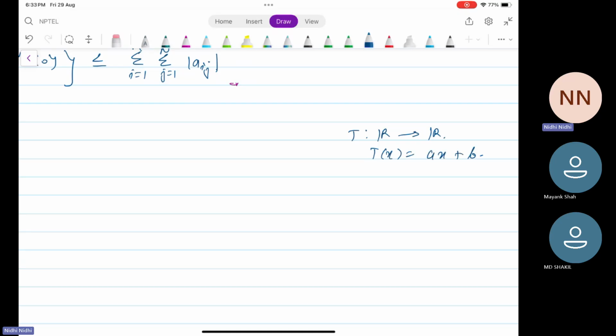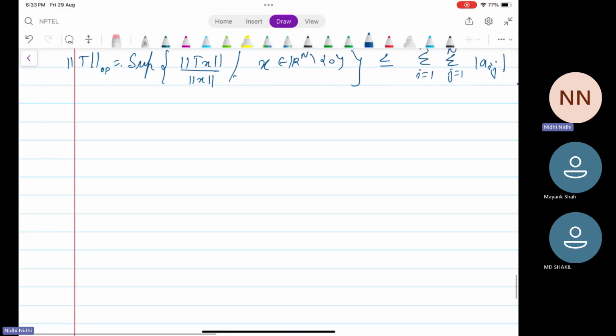In that case our derivative T dash x is equal to a for every x. This gives us an idea that the derivative is some constant for every x. So for higher dimensions also we'll get some constant kind of derivative. So let's see.